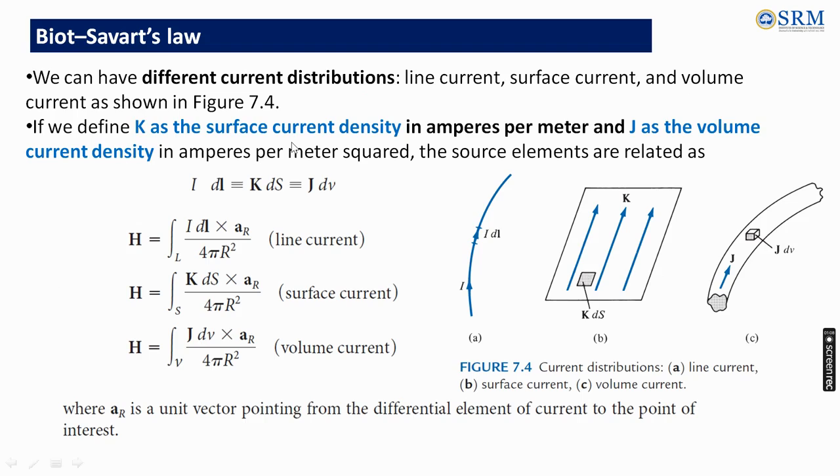So H is the integral over the line of I dl cross aR cap divided by 4 pi R squared for line current, the surface integral of K dS cross aR cap by 4 pi R squared for surface current, and the integral over the volume of J dV cross aR cap by 4 pi R squared for the volume current. aR is the unit vector pointing from this differential element of the current to the point of interest.